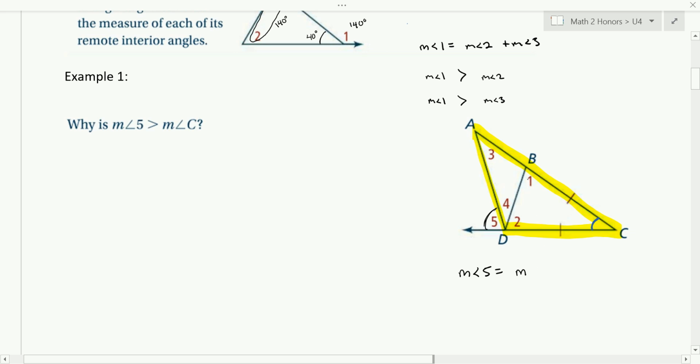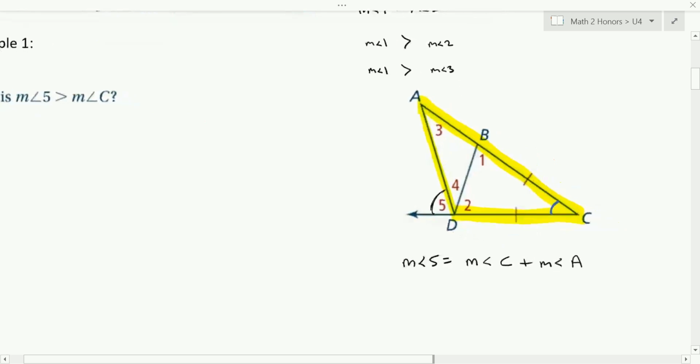Angle 1 is not part of that triangle I highlighted. Just look at the triangle I highlighted. So the measure of angle, which one? C, plus the measure of angle 3 or A, doesn't matter, right? I'll just put A, but same thing.